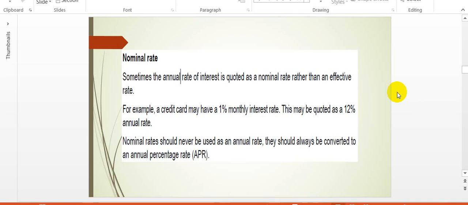For example, a credit card may have a 1% monthly interest rate. This may be quoted as a 12% annual rate. So the nominal rates should never be used as an annual rate. They should always be converted to an annual percentage rate.